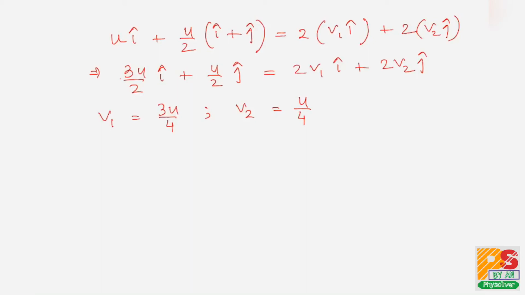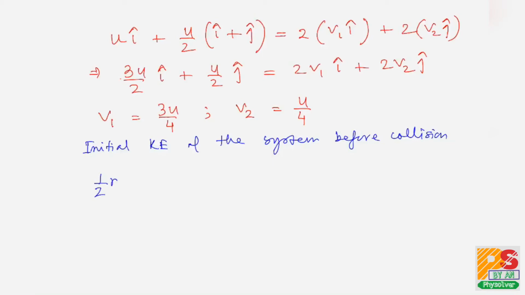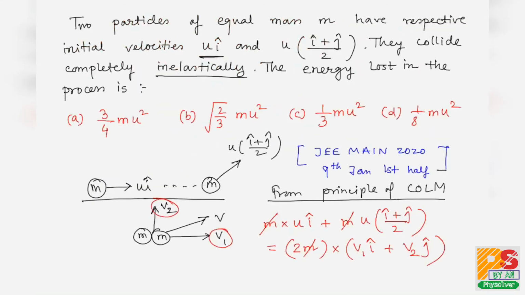Now I have to calculate the loss in kinetic energy. Let's find the initial total kinetic energy of the system of the two masses before collision. It's very simple: half m u square plus half m times, now see, the velocity is given in vector form, therefore I have to calculate its magnitude.